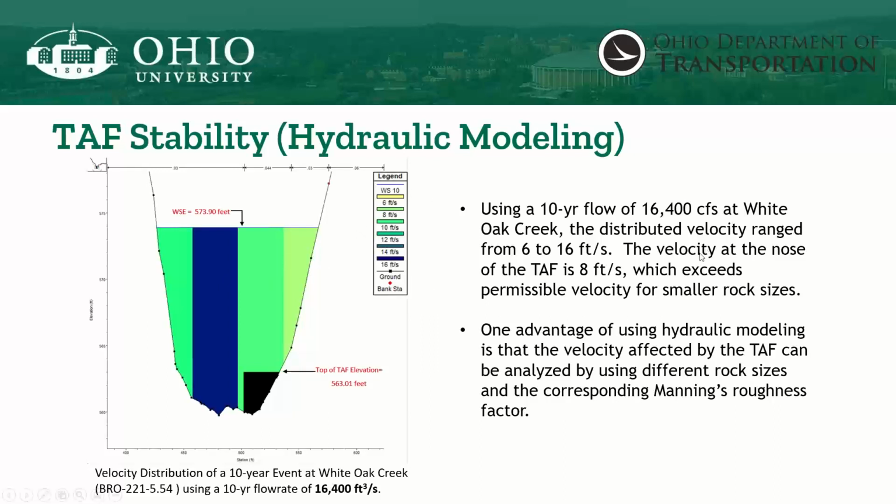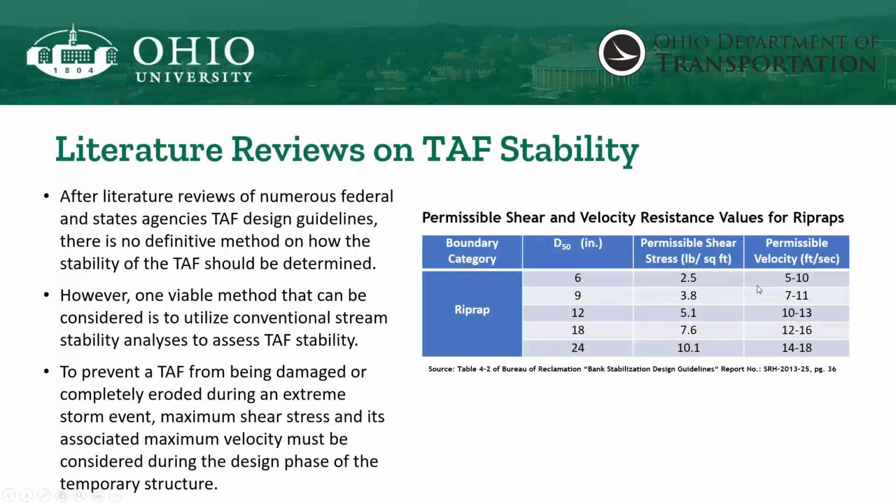So if that TAF is using a smaller riprap, that's not going to withstand the high velocity. So this is 8 feet per second, right? So if the TAF is using anything less than a D50, less than 9 inches, that could be problematic, right?